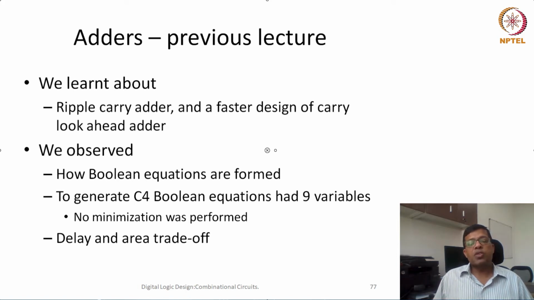In the previous lecture we have also seen that there could be many variables in one particular expression. For example, in a 4-bit CLA, to generate Cout of the 4-bit CLA, this carry look ahead expression contains 9 variables: P0, P1, P2, P3, G0, G1, G2, G3 and the input carry.